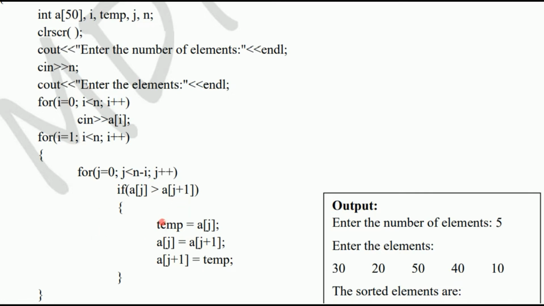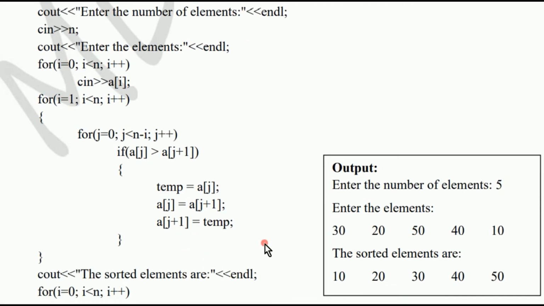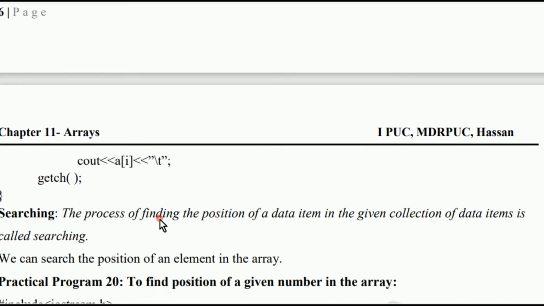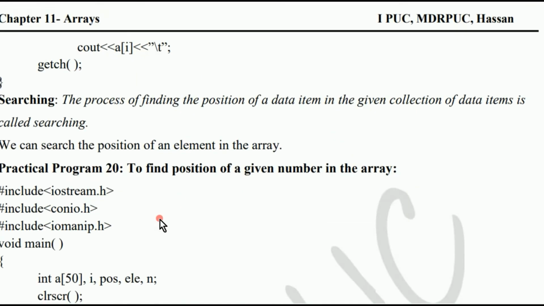The same concept we will continue till the elements are sorted. Now cout the sorted elements: i is equal to 0, i less than n, i plus plus, cout a of i.